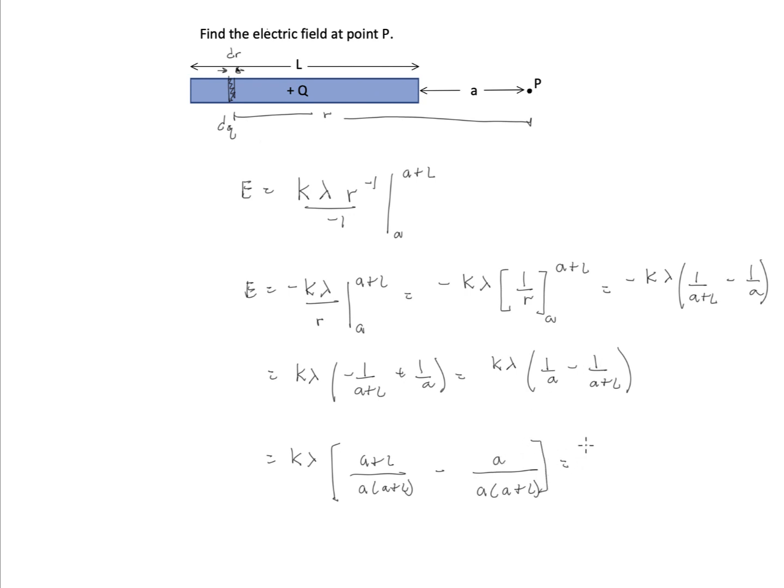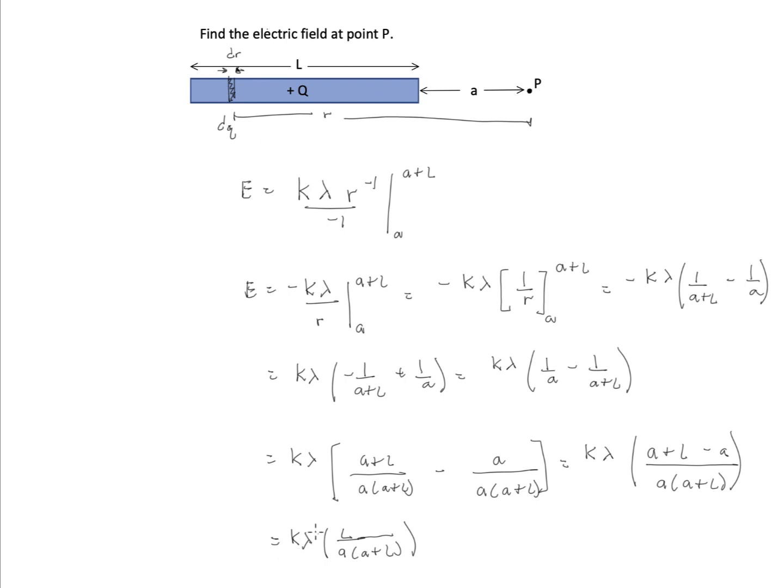So after all that algebra, we get k lambda times a plus l minus a over a times a plus l, which of course would be k lambda, and then you have a minus a, those go away, so it'd be k lambda l over a times a plus l would be the electric field at point P.